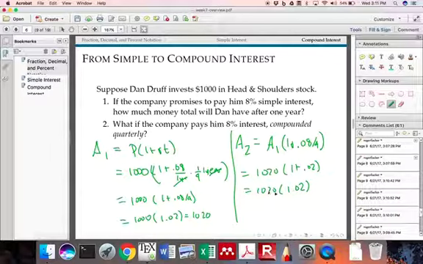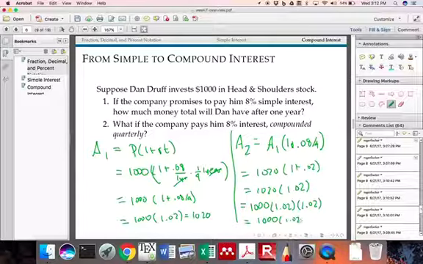What I really want you to notice is, where did 1,020 come from? Right over here. 1,000 times 1.02, that's 1,020, times 1.02. So it's 1,000 times 1.02 quantity squared.